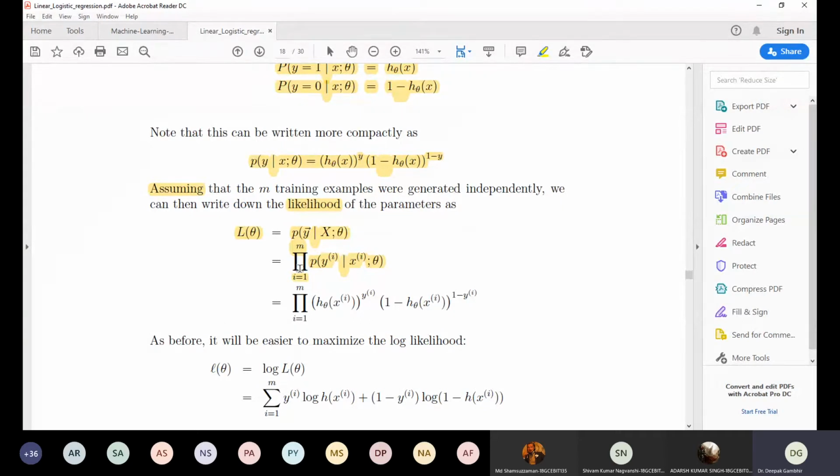This pi means the multiplication of all the probability values for getting the yth output for the given x, parameterized by theta. Parameterized by theta is nothing but the function that we have defined here, that is h theta to the power y and 1 minus h theta to the power 1 minus y. The same is used here. This is the likelihood of this function.